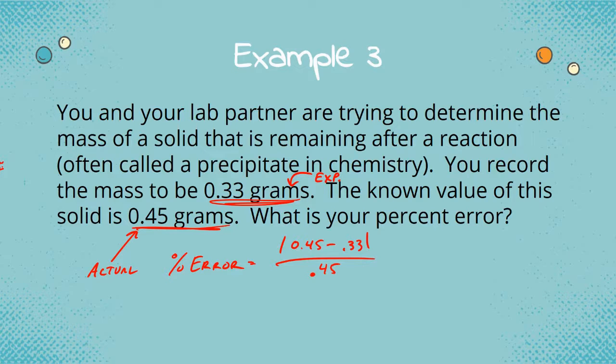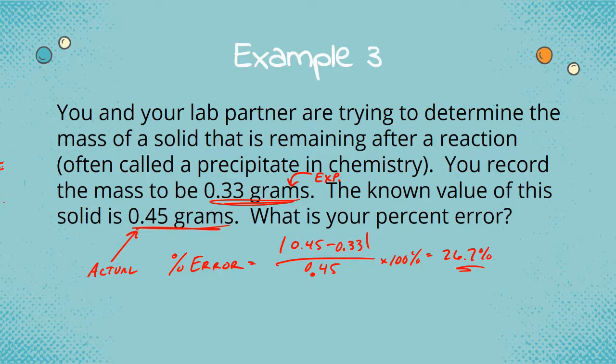As we go through this, 0.45 minus 0.33 divided by 0.45, and then we multiply by 100%. In the end, this gives us a 26.7% error. So notice that's actually a pretty big percent error.